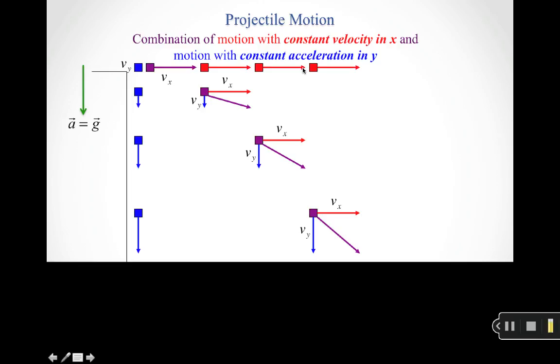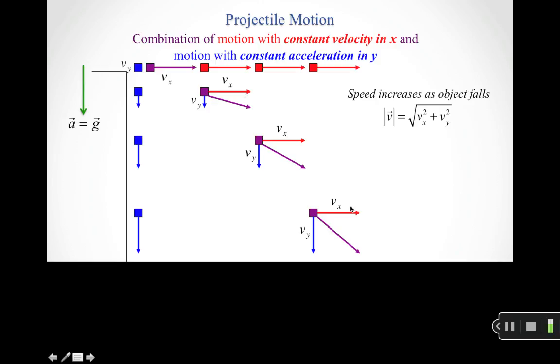There are a couple of important things to see from the picture. One is that if I want to talk about the speed, I know the speed is just the magnitude of the velocity vector, which means I need the x component squared plus the y component squared, take the square root. So when I Pythagorize my velocity vector to get the speed, notice that the farther it falls, the larger the y component is.